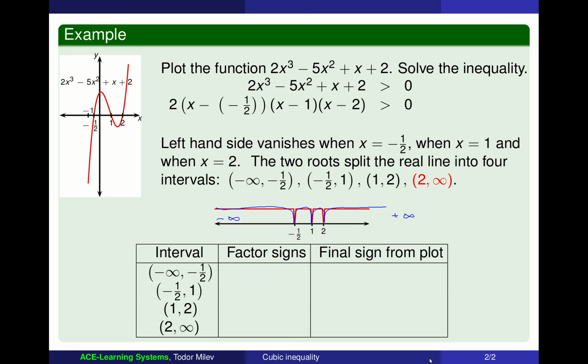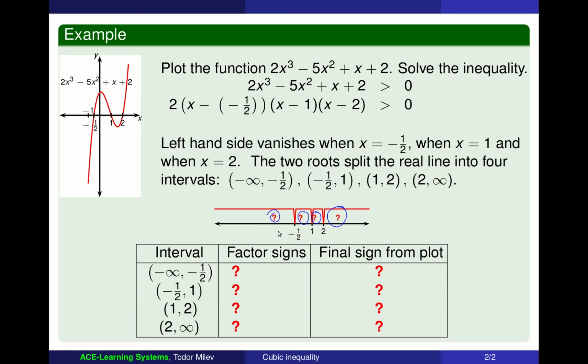Okay, so now let's see what are the signs. Now, this is quite a laborious work, so I'm going to ask you right now to pause the video, copy this table, and try to fill in the signs of all the expressions, and then tell me what are the signs that I should put in here.